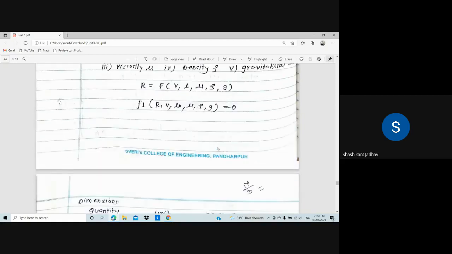So in the form of an equation, R is a function of v, l, mu, rho, g.